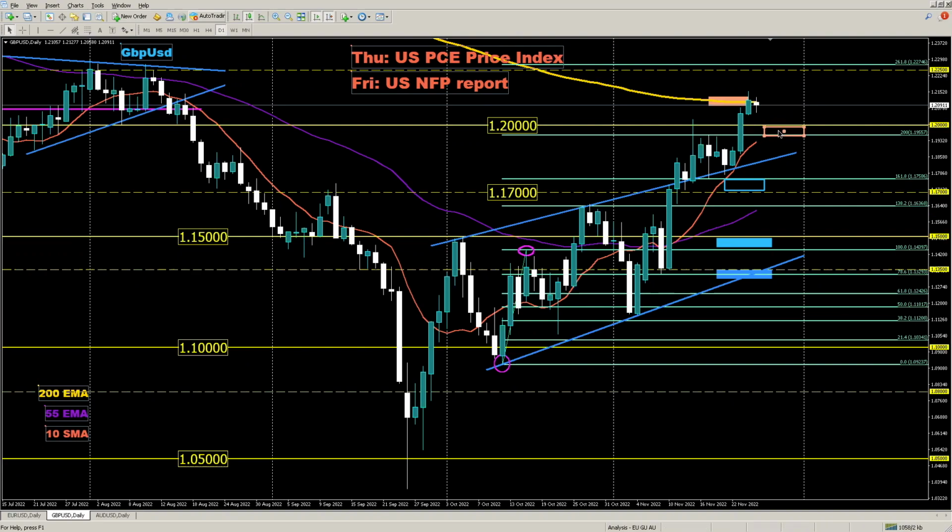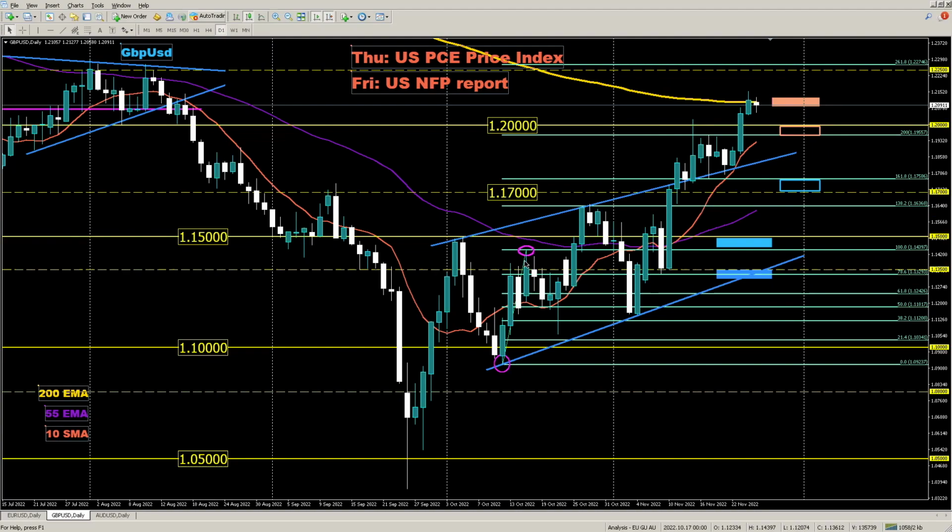It blasted through the intermediate resistance at the 120 round figure, and indeed tested the next major resistance at the daily 200 EMA. And we did manage to find support here.